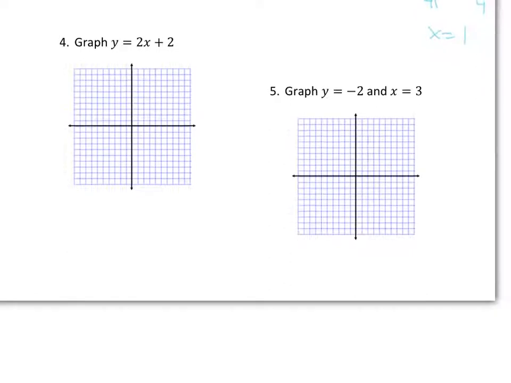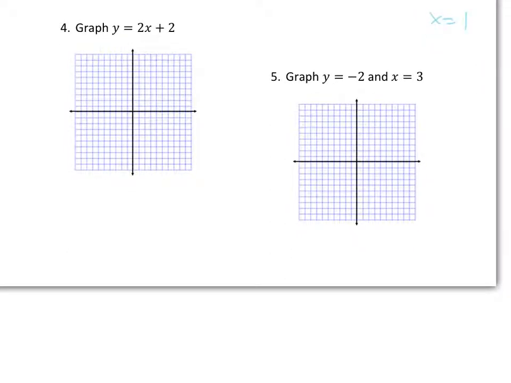This next one, all right, graph y equals 2x plus 2. Now once again, we're going to find the x and y intercepts by covering up. So for the y-intercept, plugging in 0 for x, we've got 0 plus 2, so y equals 2. Plot that point. And for the x-intercept, we're going to plug in 0 for y.